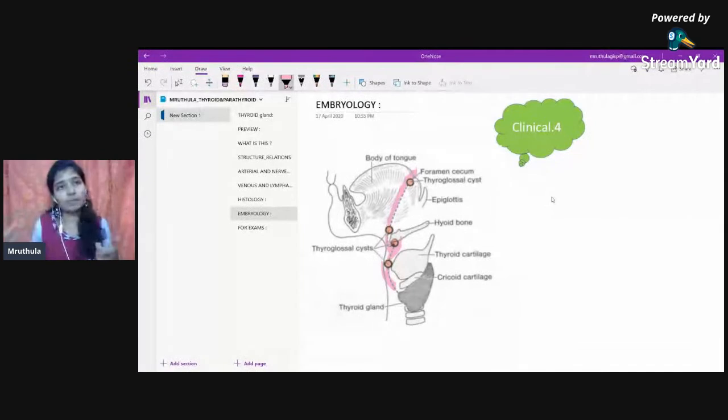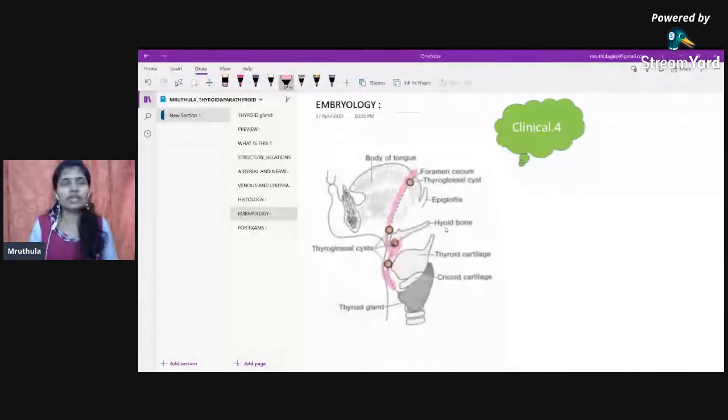Sometimes it might not even move from the foramen cecum. When such a thing happens, we call those glands ectopic thyroid gland. Ectopic means outside, somewhere which is not normal. Based on the location, we name them: if it is near the foramen cecum, we call it lingual thyroid. If it is around the hyoid bone, it can be superior, inferior, or retrohyoid. So based on the location, we have different types of ectopic thyroid.